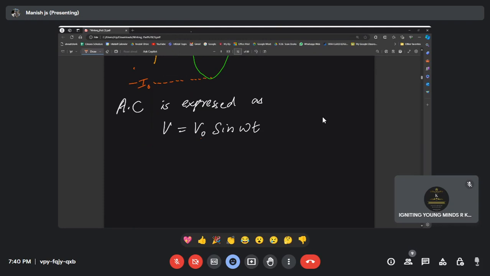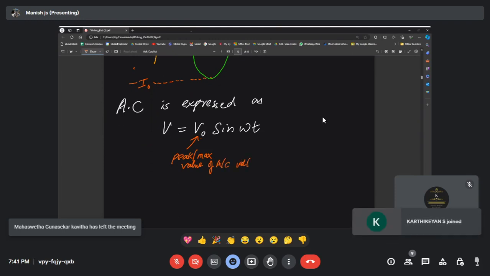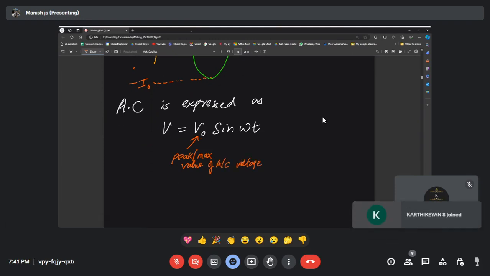Okay. So here, your V naught term represents the peak voltage, the peak or maximum value of the AC voltage, the alternating current voltage. Okay, and omega is the angular frequency, usually in radians per second.